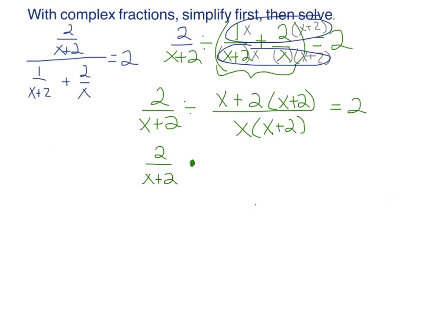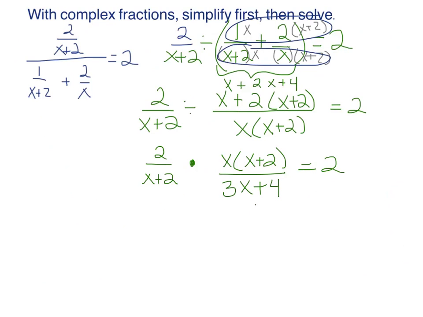So now on the top we'll have x times x plus 2. And on the bottom, this is x plus 2x plus 4, so that's 3x plus 4 equals 2.